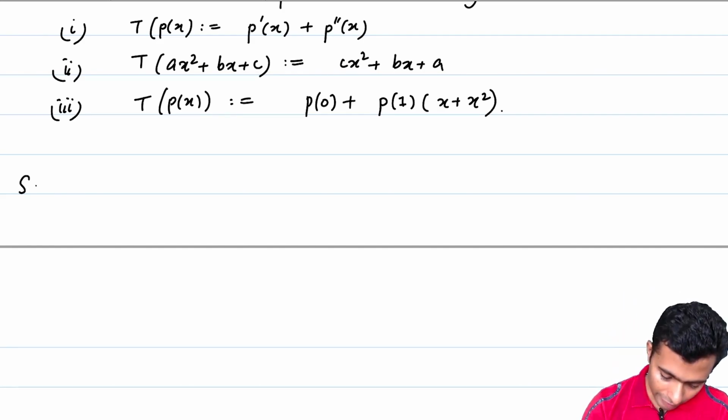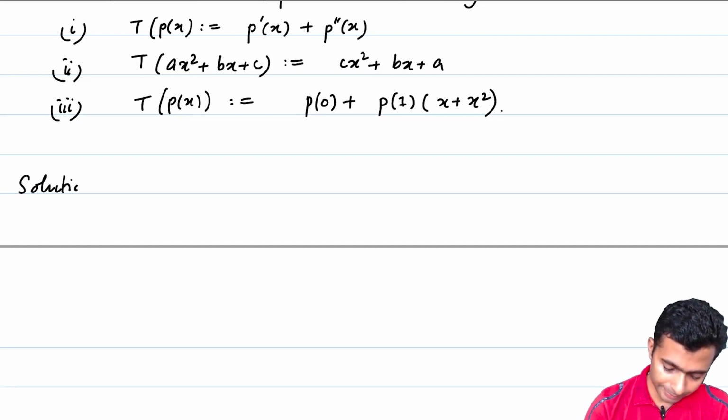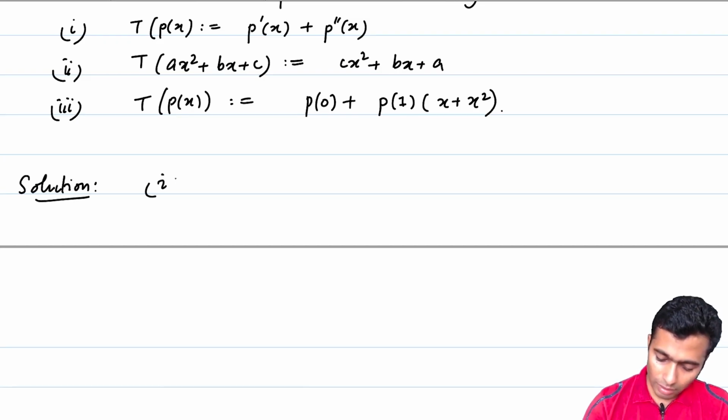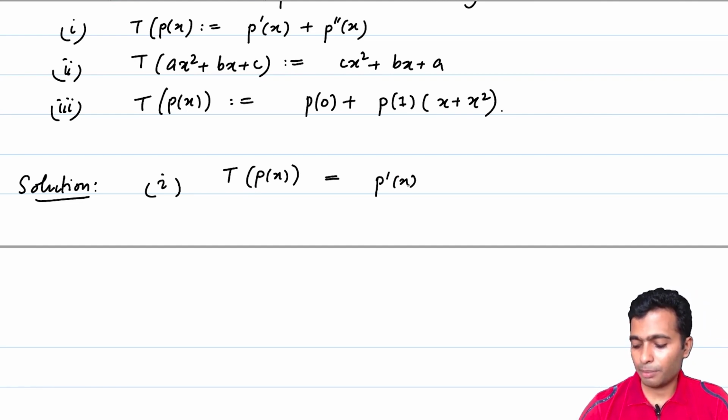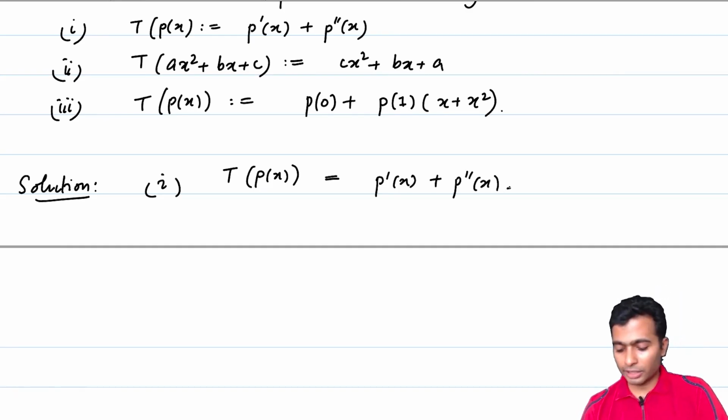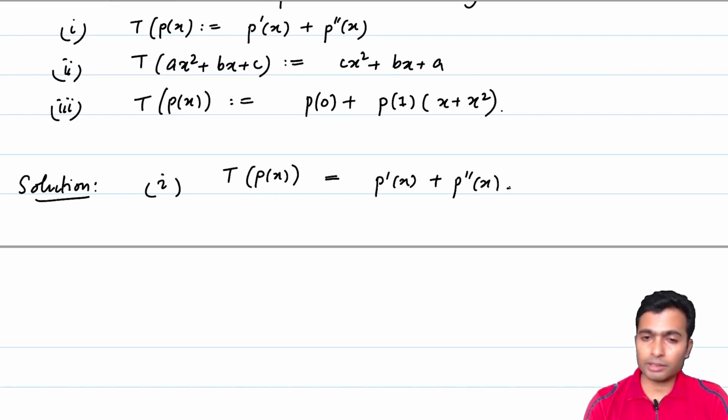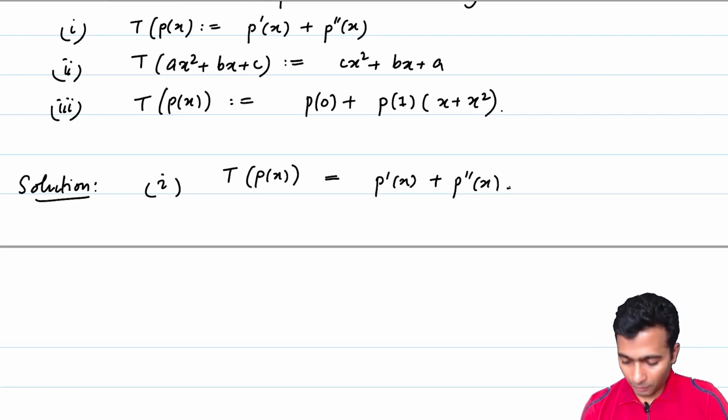So let's start with the first one. The solution: P of x is sent by this operator to P prime plus P double prime of x. I'll not bother checking whether T is a linear transformation. That will be an easy check.